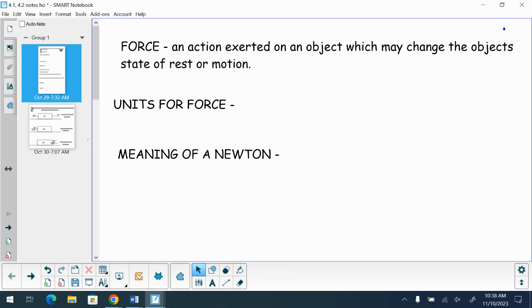By definition, a force is an action exerted on an object that may change the object's state of rest or motion.